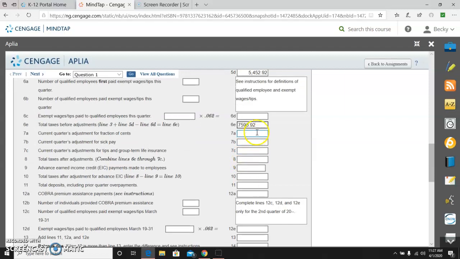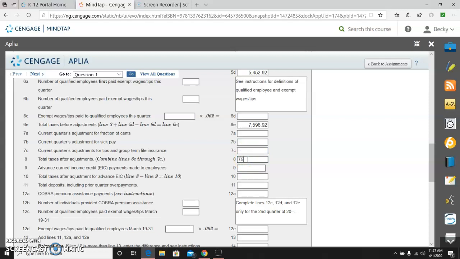So that represents all the taxes for the employee portion of federal income tax, then the employee and employer for Social Security, and the employee and the employer for Medicare. So then that number in this class, we're just going to copy down to lines 8 and 10.